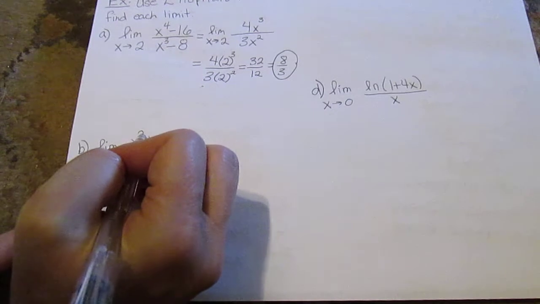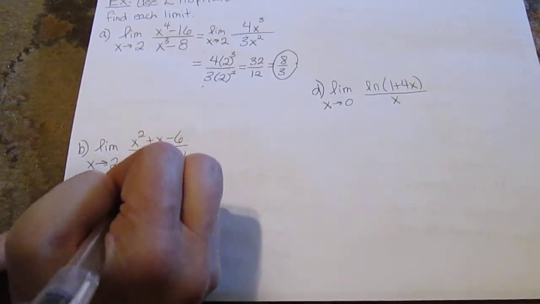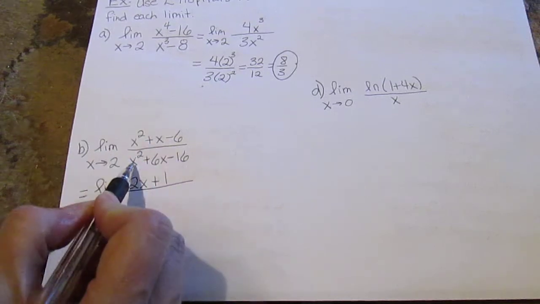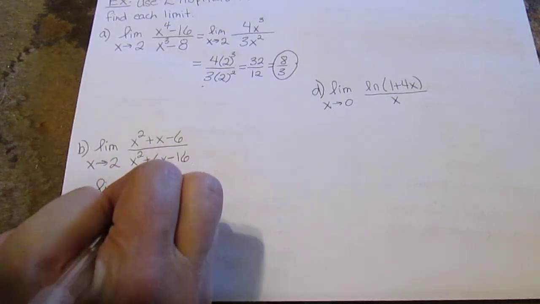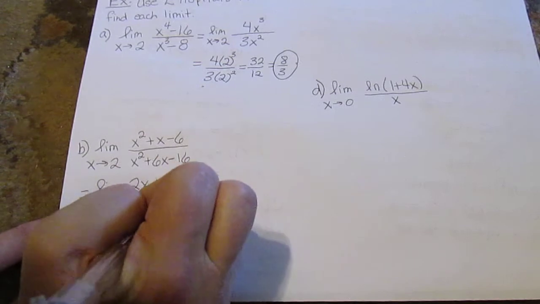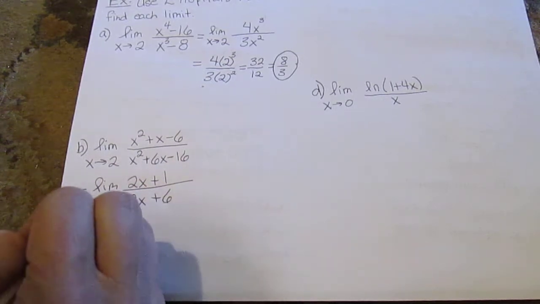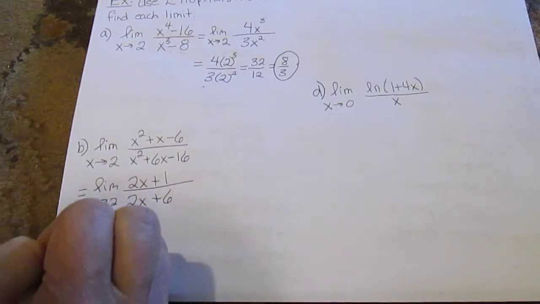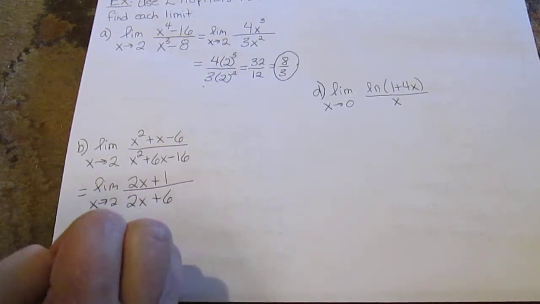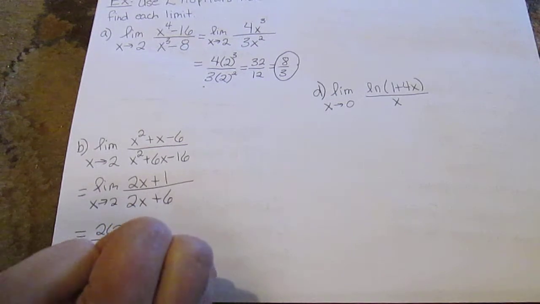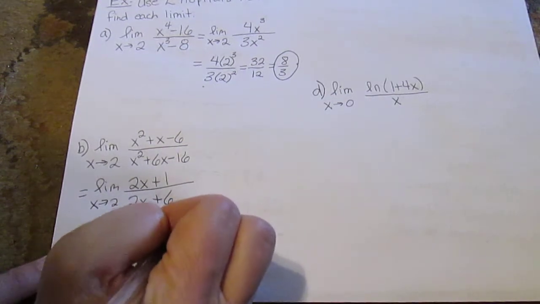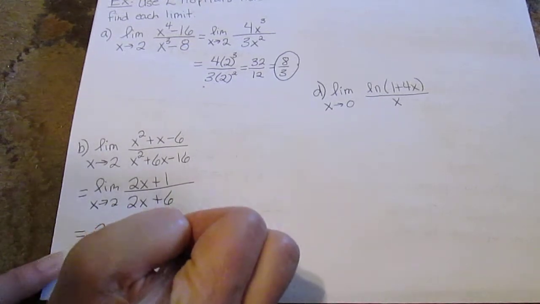The derivative on top is 2x plus 1. The derivative on bottom is 2x plus 6. And we'll plug the 2 in. So 2 times 2 plus 1 over 2 times 2 plus 6. And I got 5 over 10, which is 1/2.